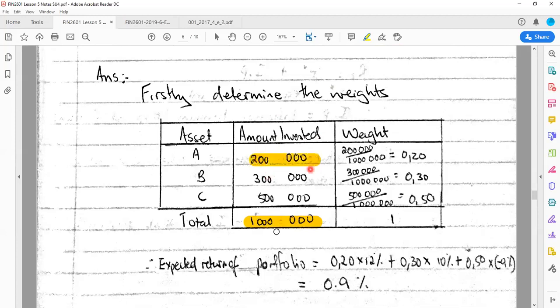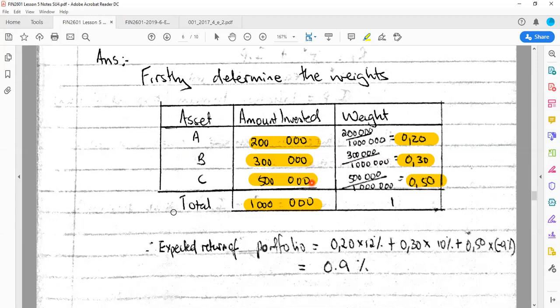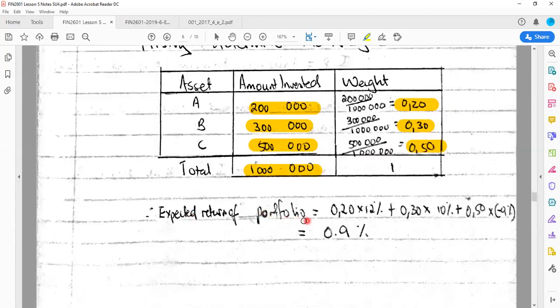Then we say 200,000 divided by the total to get the weight invested in asset A, 300,000 divided by the total to get the weight invested in asset B, 500,000 divided by the total to get the weight invested in asset C. So these are the different weights invested in the different assets. And then we can get the expected return on the portfolio by multiplying each weight by its corresponding expected return.